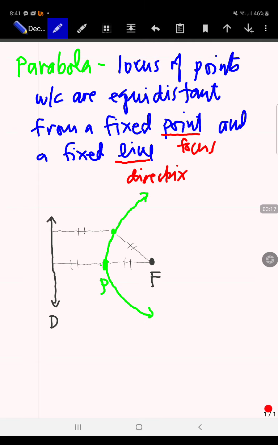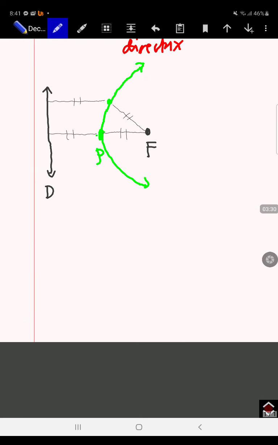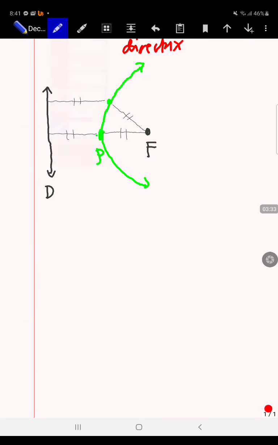Now, what is the equation of this geometric figure? As we said previously, we can find the equation if we sketch the graph on the xy plane. So for example, this is the xy plane, this is x, this is y. We can place the parabola anywhere on the xy plane.